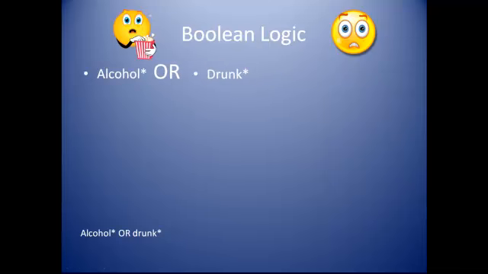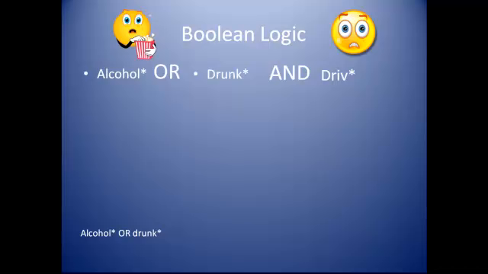Now we need to add our second concept. We've got the term or down now. Can I use it here? Does the statement alcohol or drunk or drive make any sense? I hope you answered no, because we want one of the first two and the last one. Instead of saying you could have the chocolate bar or the cookies, what if your parents had been celebrating and said you could have both?